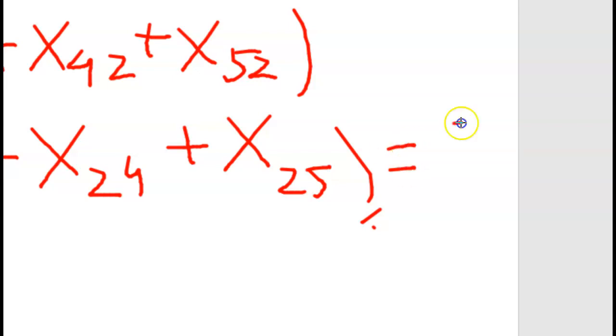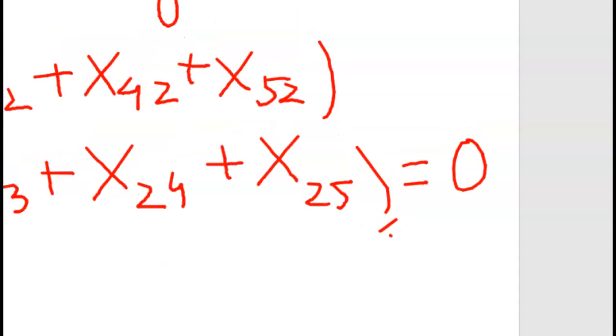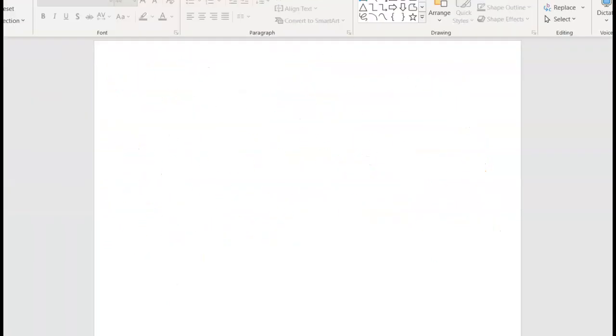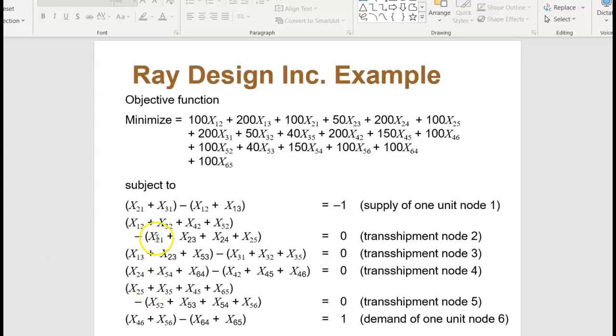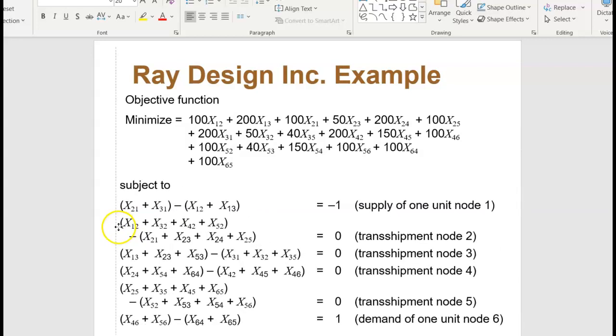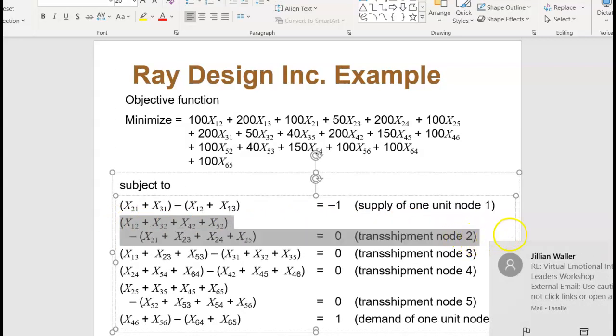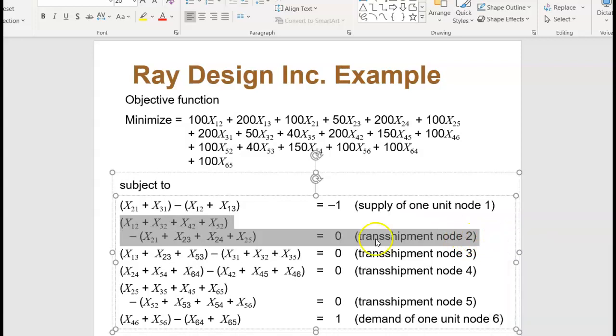And for the right-hand side, because it's a transshipment node, we set that equal to 0. And now we can write down our full equation for node 2, which would be what's represented here in this case.